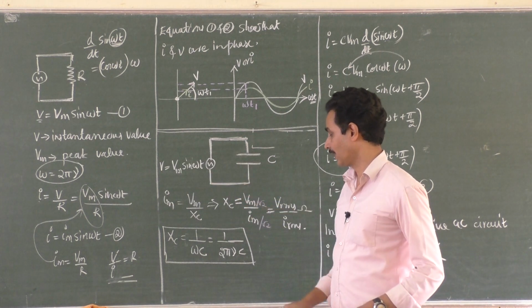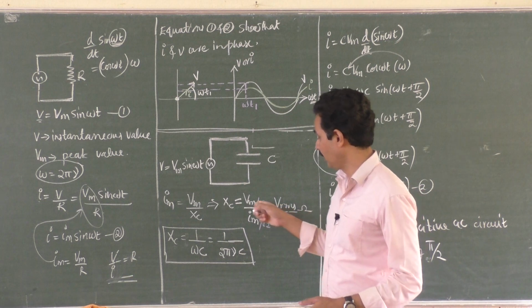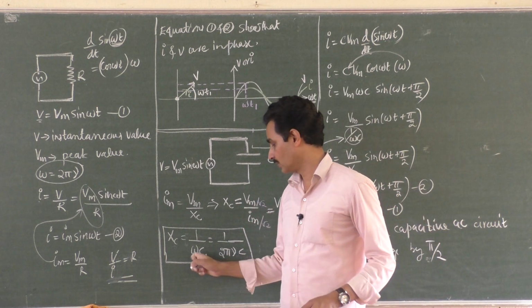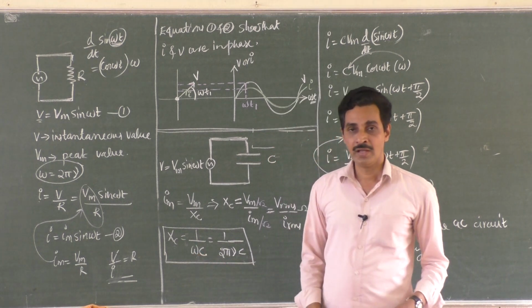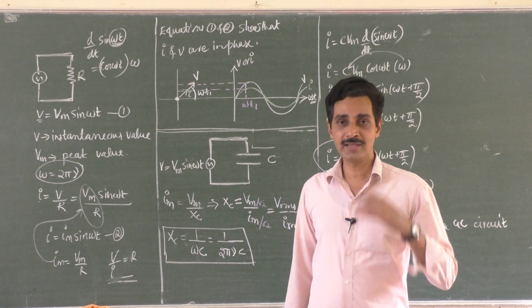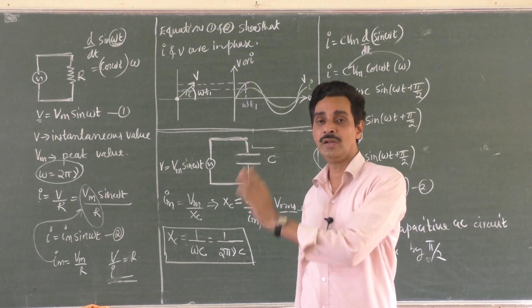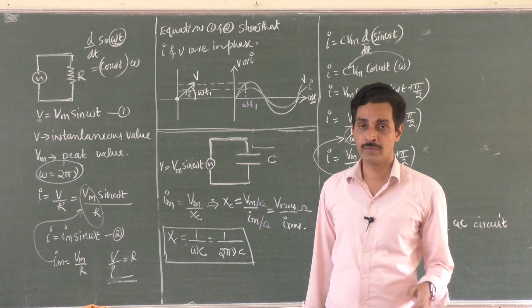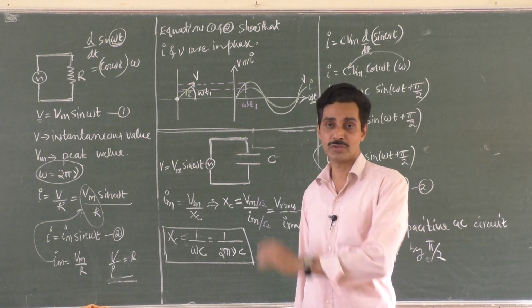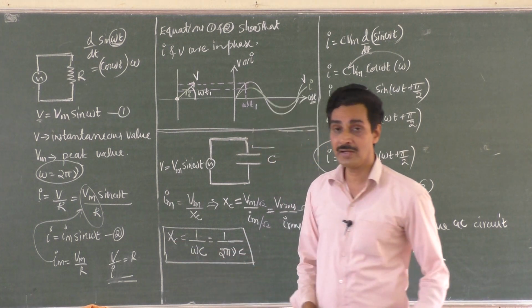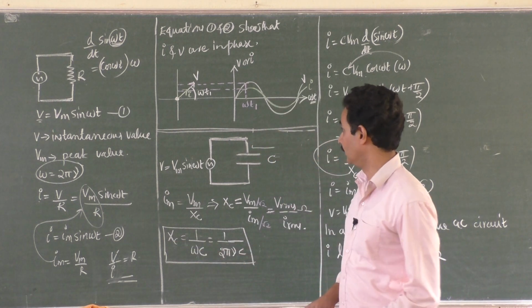So reactance of a capacitor may be the peak value of voltage by peak value of current or RMS voltage by RMS current, but it depends on the frequency of AC. Means a capacitor gives different reactances for different alternating sources.